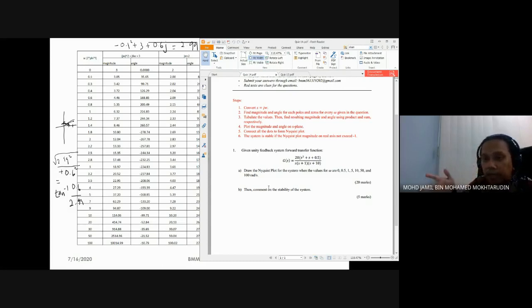If separated, there will be 2 sets of questions. I don't want to discuss the question or do the revision now. Maybe I will do the revision during study week if we have time. So that's it for today.